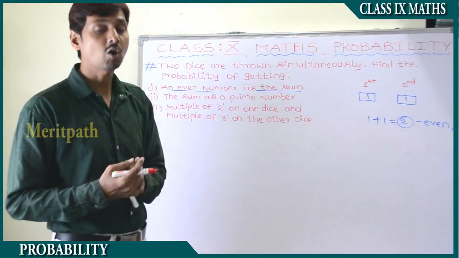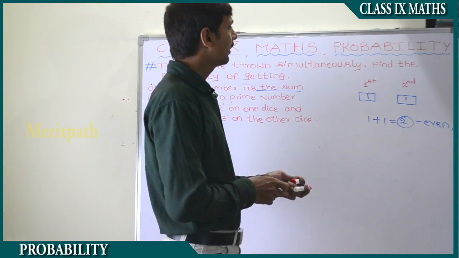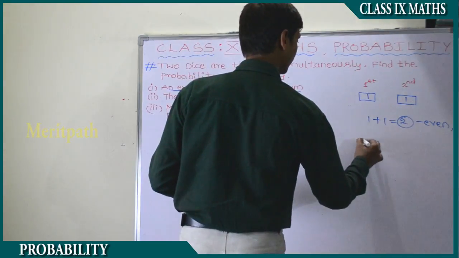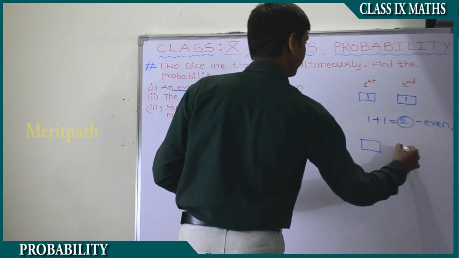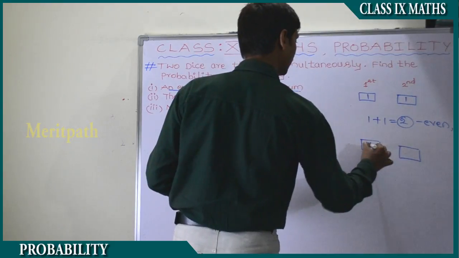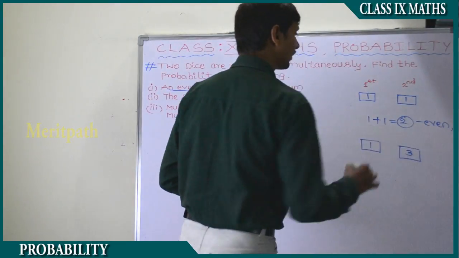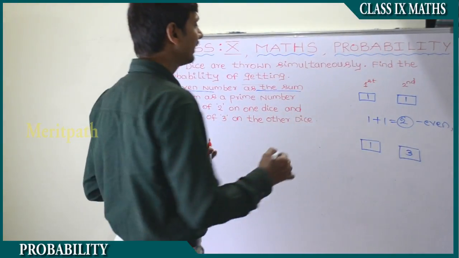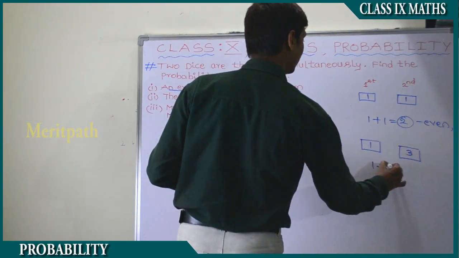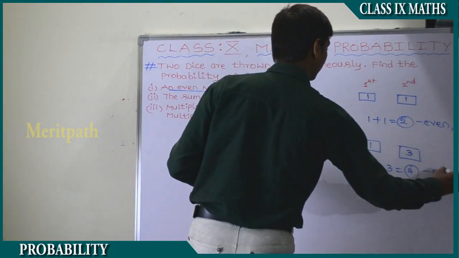We need to find how many possibilities are there like that. For example, on the first dice, let's say it is 1. On the second dice, let's think it is 3. Then there is a possibility to get an even number as a sum, because 1 plus 3 is equal to 4, and 4 is an even number. So the first dice is 1 and the second dice is 3, then we add these two numbers, 1 plus 3 is equal to 4. 4 is an even number.